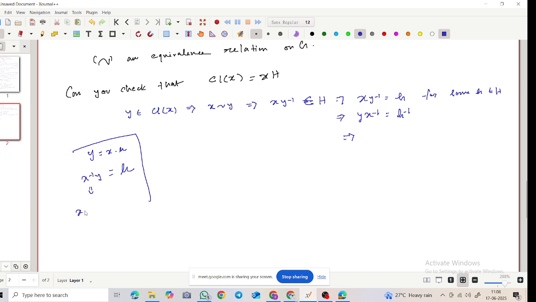It means that x inverse is related to y inverse, because this is nothing but x inverse y inverse inverse.